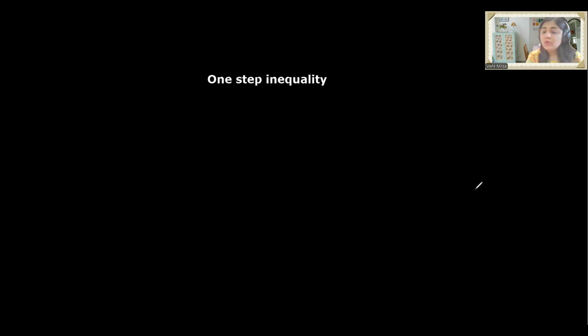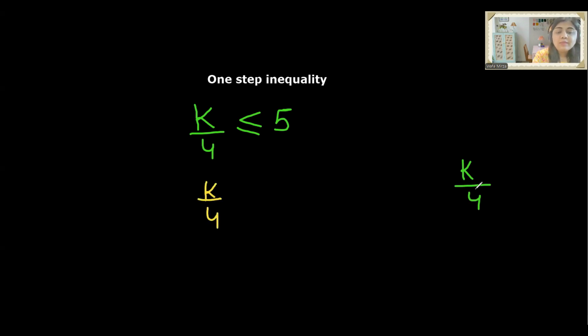Okay. So the next question is k by 4 is less than or equal to 5. Now here k and 4 are in division. It is k divided by 4. The inverse of division is multiplication. So I will just write the inequality one more time.